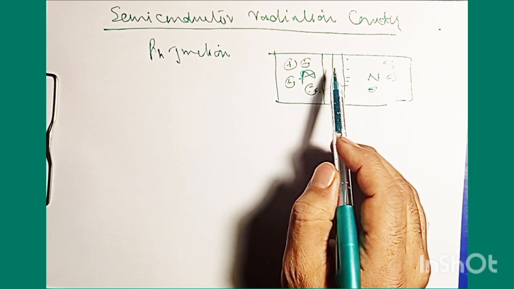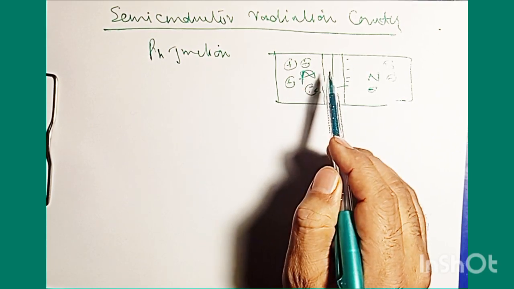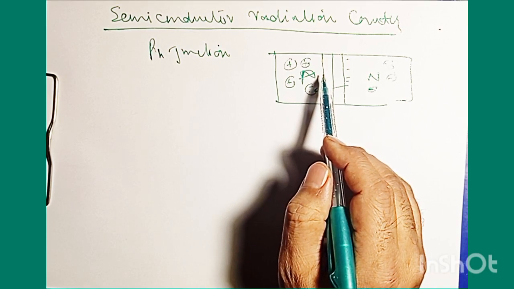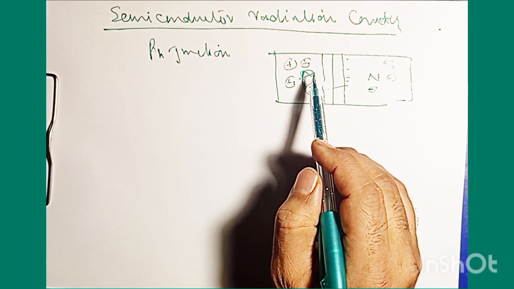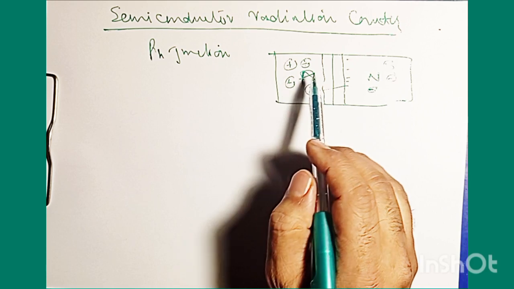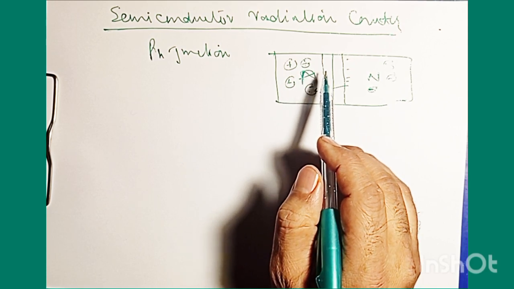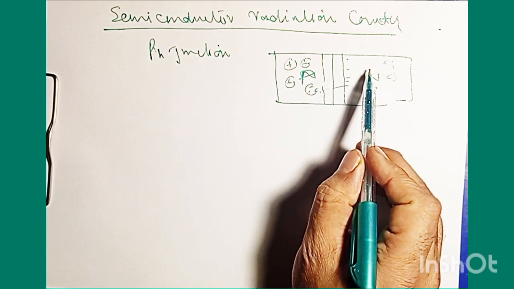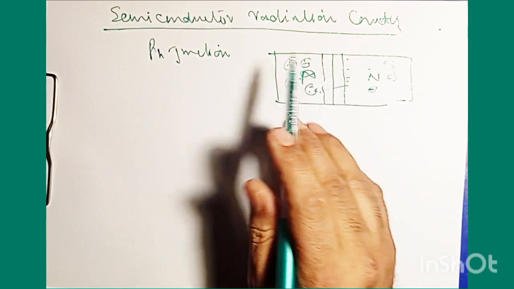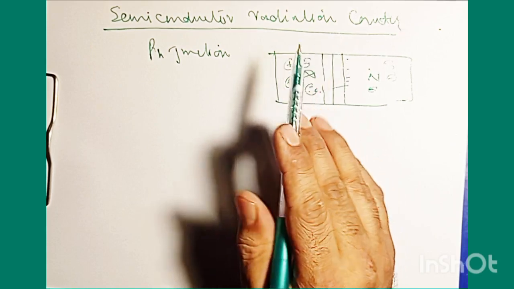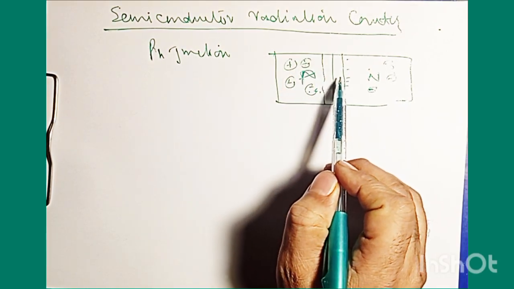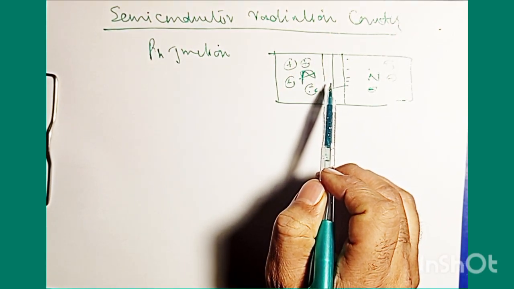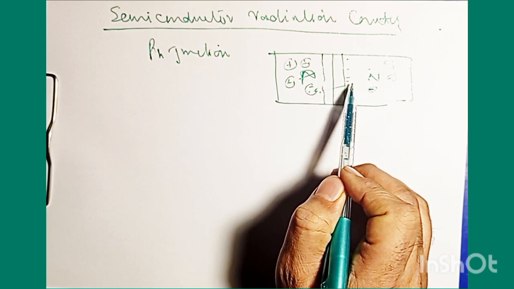Now, the diffusion of electrons continues, and the filling of the holes in the p-type gives rise to more holes in the n-type. This action amounts to as if the holes have actually been diffused across the boundary.